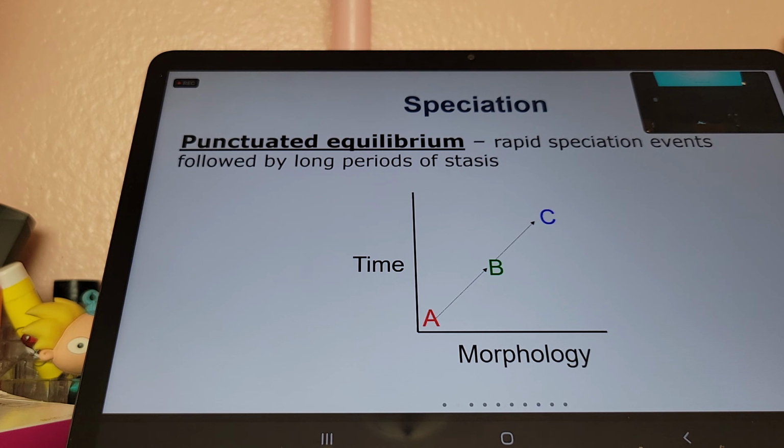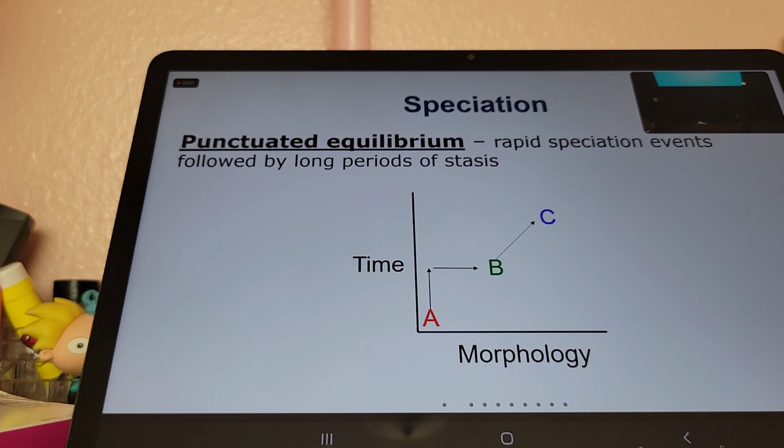And so going from species A to species B to species C, this slow, gradual change from one species to another, what it looks like in the fossil record, may not actually be how it occurred.